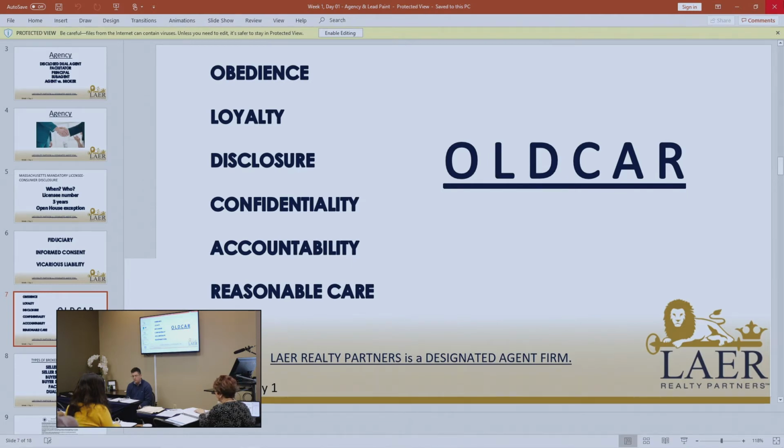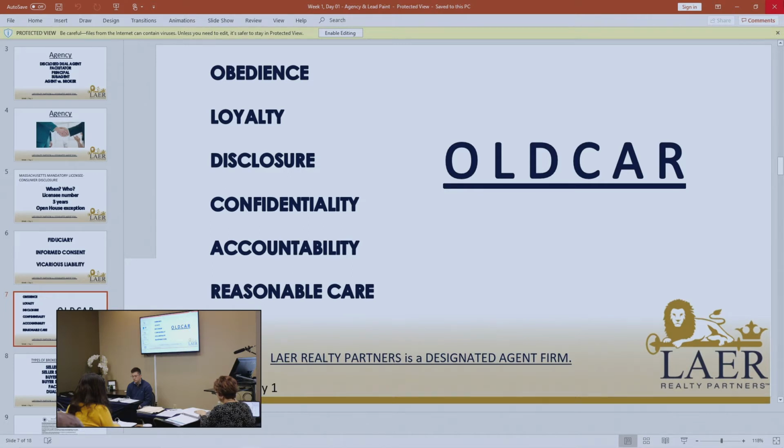That's important as well. Duty does not apply to legally required disclosures such as known physical hazardous conditions of the property. Does everyone understand what that means? Accountability: the agent must protect and account for all money, documents, and other personal property given to her by the client.